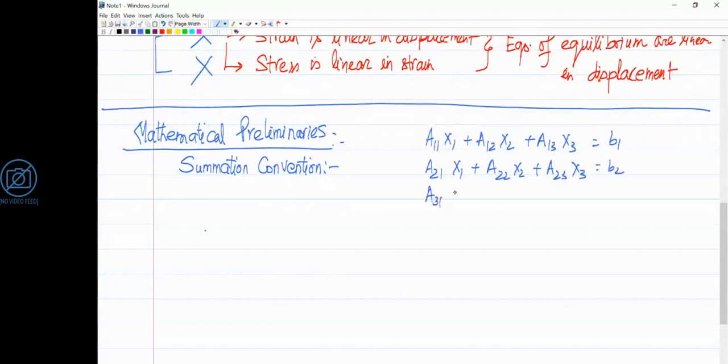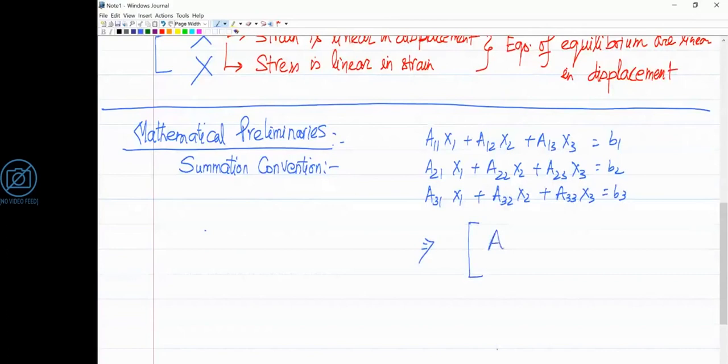And finally a31x1 plus a32x2 plus a33x3 is equal to b3. Okay, so we know that this can also be written as a matrix equation.